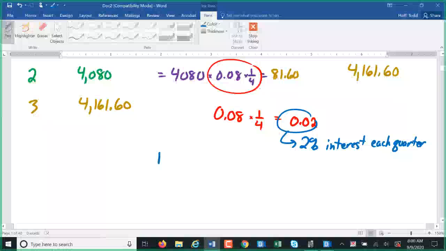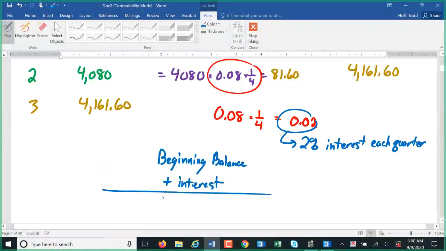And if you look at what we were doing in one of those opening examples, take the beginning balance, add the interest, get the ending balance, for each quarter.